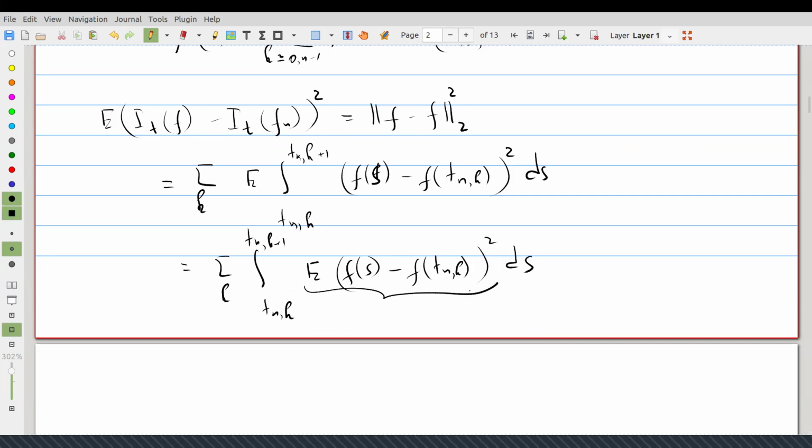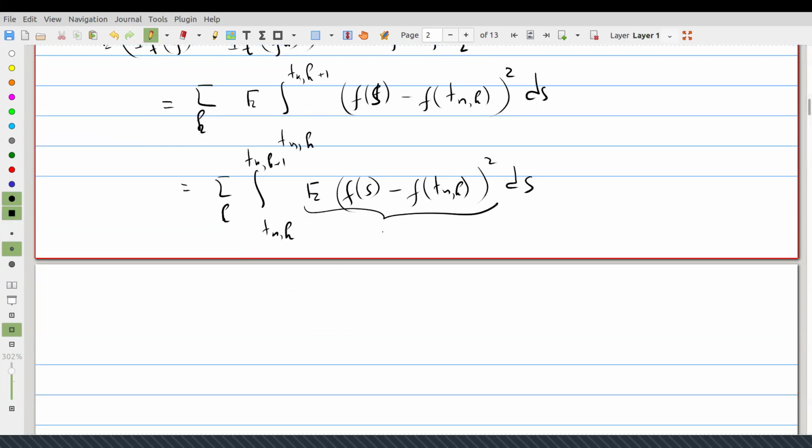And now this is less than the supremum over all s, r belonging to [t_n_k, t_n_k+1] of the mathematical expectation of (f(r) minus f(t_n_k)) squared.